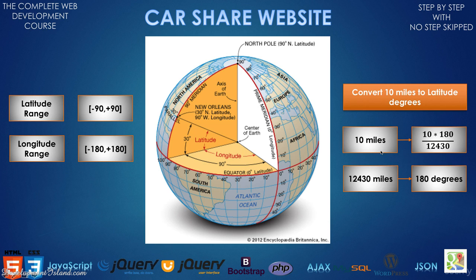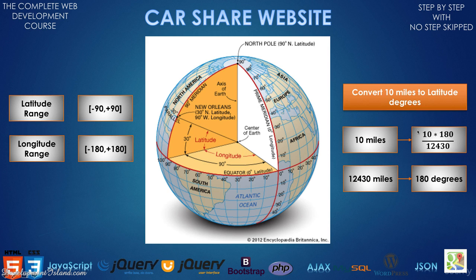So all points within a 10 miles radius, if you travel up north or south, are going to have a latitude of 30 degrees plus or minus that tolerance.